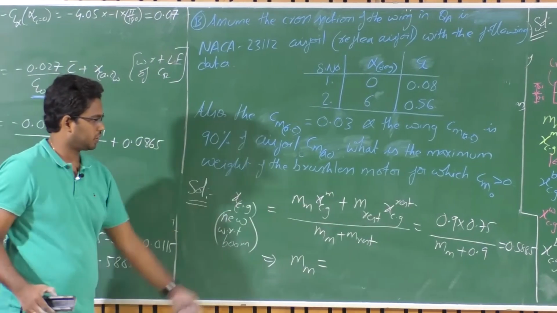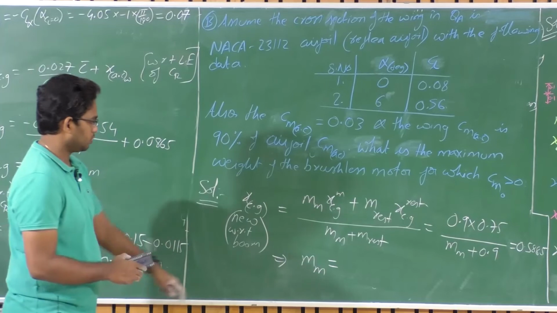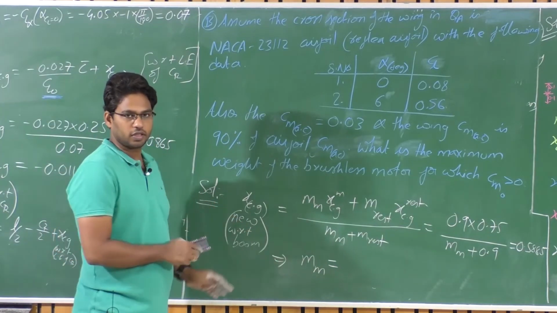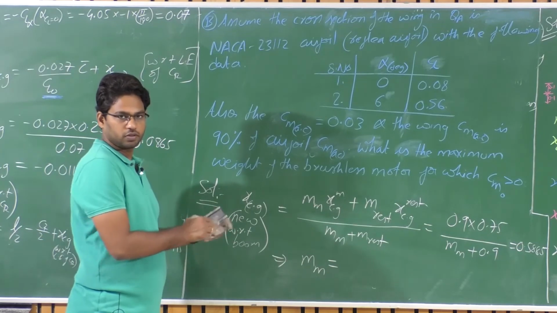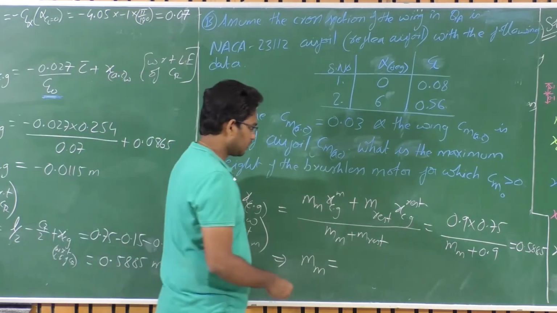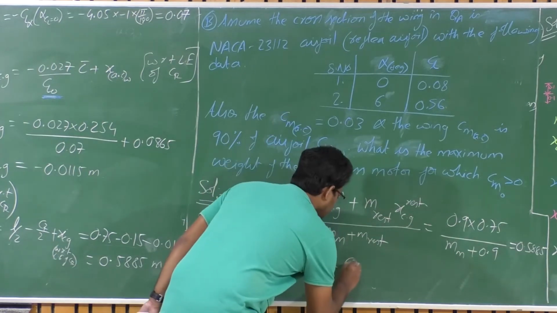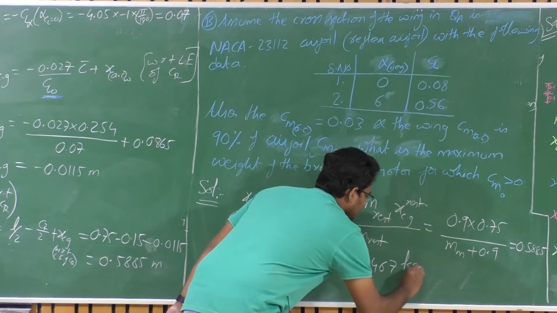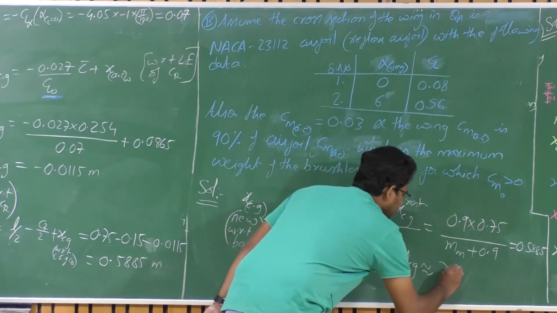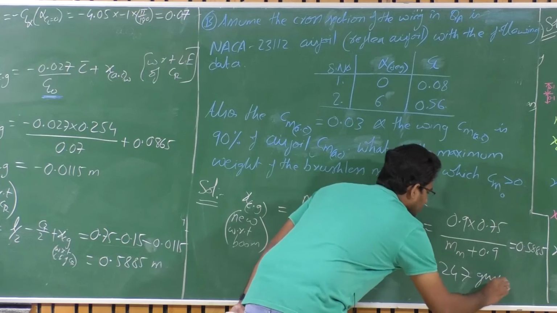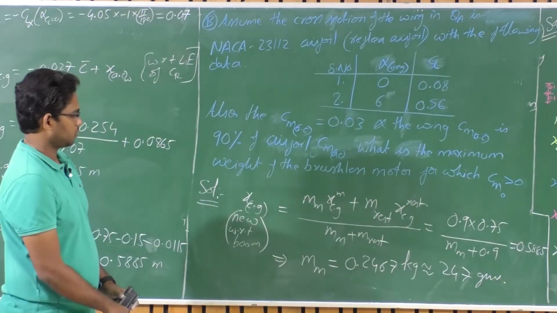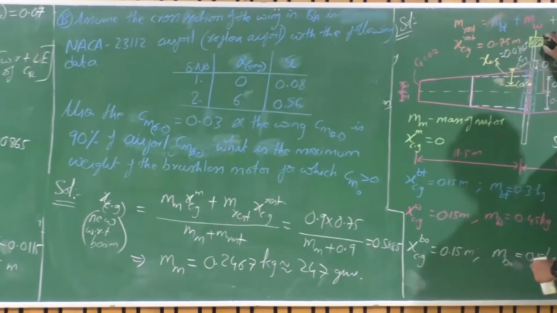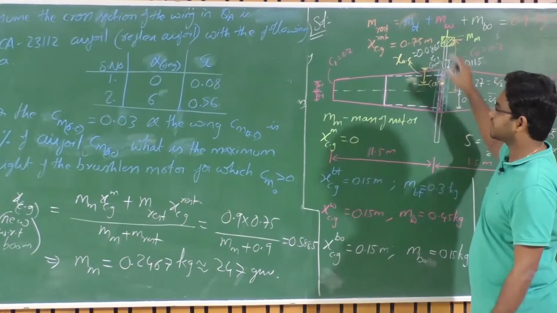You substitute this value there and you will be able to find the maximum mass of the motor that still allows Cm naught to be 0 or non-negative, which is 0.2467 kg, approximately 247 grams. So you can add 247 grams here, and this makes Cm naught 0.